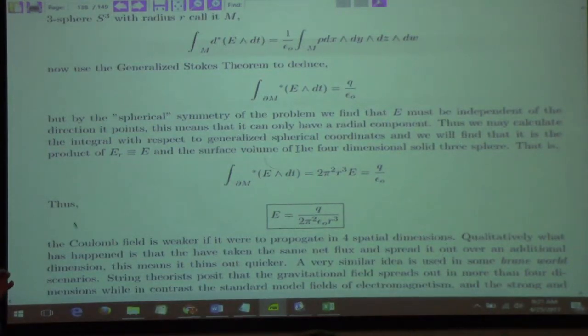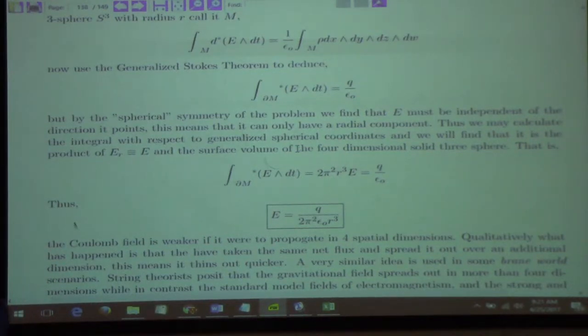If you take that formula and differentiate it with respect to the radius, that gives you the surface volume. So you calculated the 4-dimensional hypervolume of S3. If you want the surface volume of that, you just differentiate with respect to R.